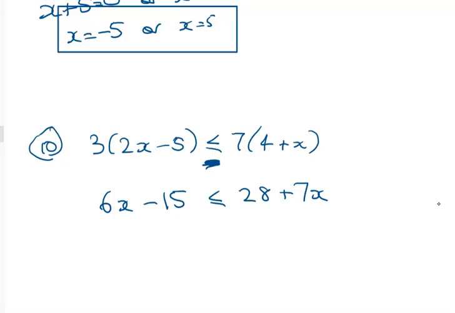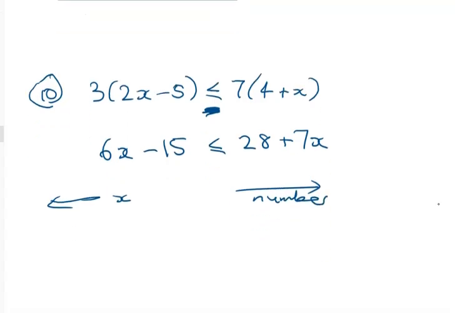So now I've got x on both sides, so I'm going to do x's to this side, numbers to this side, and off we go. Remember, when I'm doing this step, I'm just adding or subtracting x's and numbers. So I'm not changing the ordering around, so I don't have to worry about this thing switching.